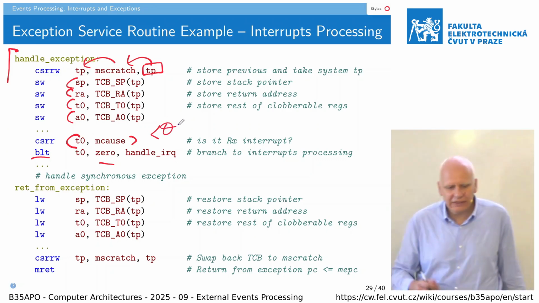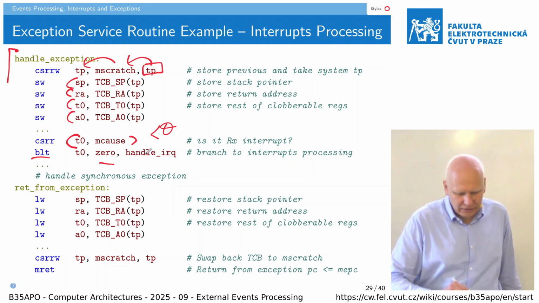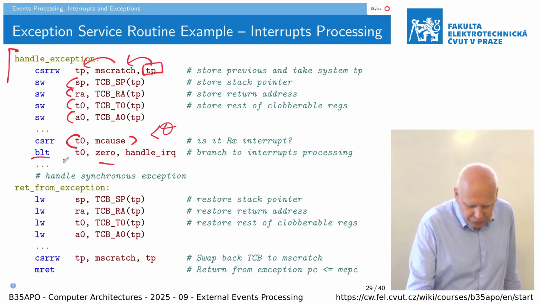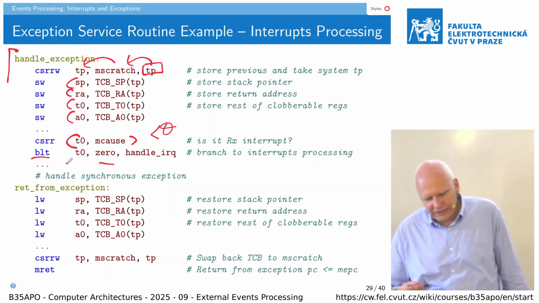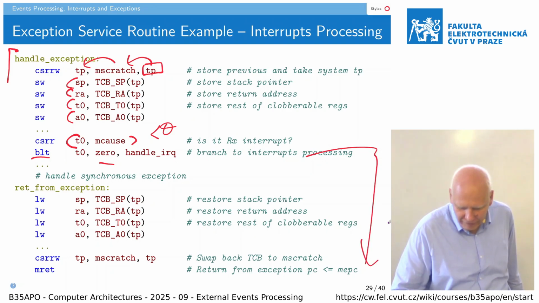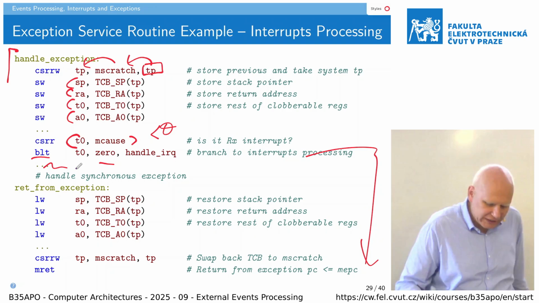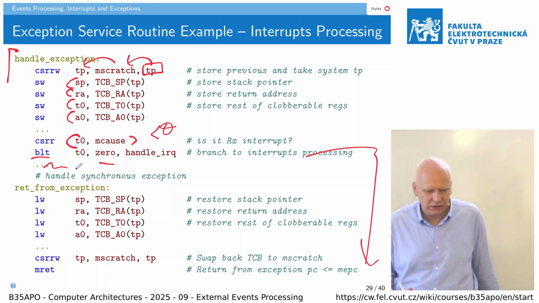So this way, this single instruction can specify if it is an internal exception or some external exception. So for external, we go somewhere out of this slide. For the internal, there can be some handling of unknown instruction and so on.